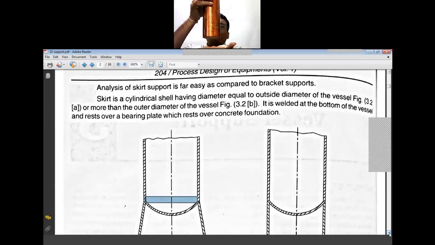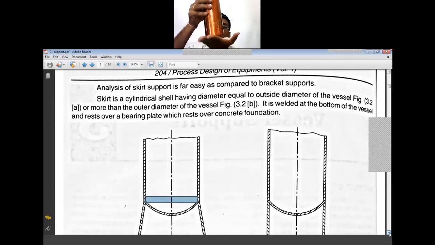Now I'm going to put this water bottle just on the ground floor. Now I'm going to give a force so that it is going to bend, right? It is going to be tilted. It can overturn if the force exists. I am applying the force, and this force overturns the vessel. That depends on the applied force.